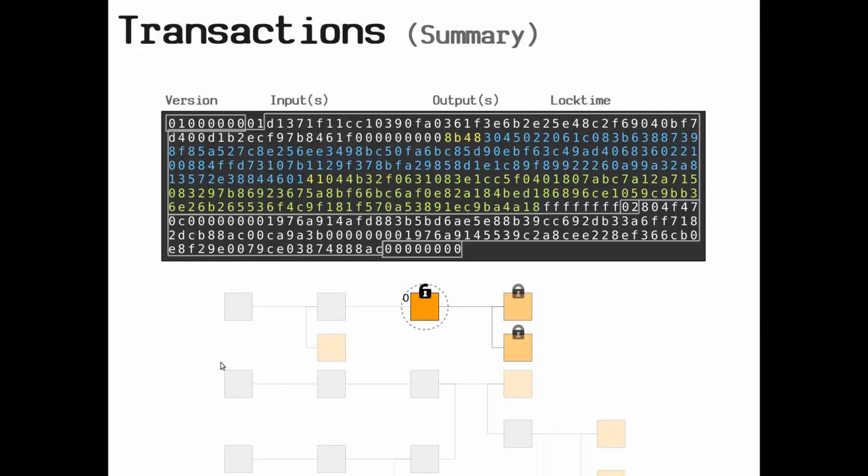Sometimes a signature is called a witness, and that's why it's called segregated witness: it's segregating the witness data, the signatures, from the structure of the transaction. I think covering segregated witness would be its own video. This is a basic transaction, and these are still valid, and you can still make these transactions perfectly fine on the network.